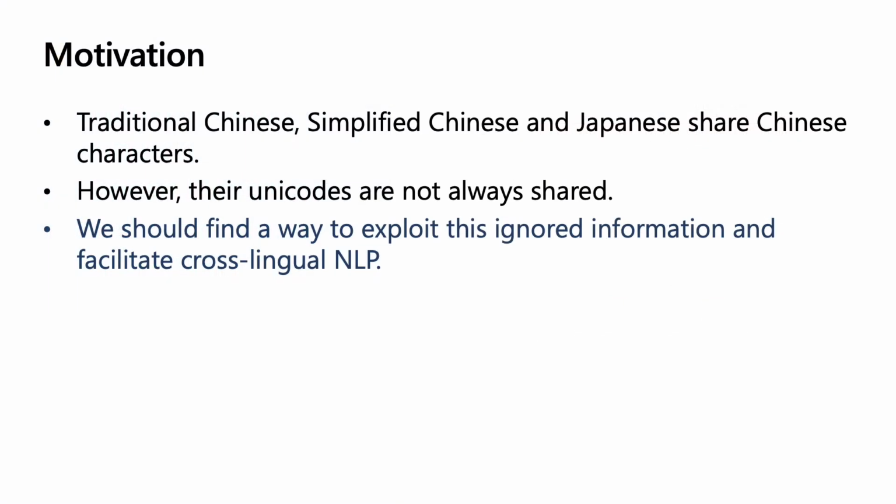So let's start with the motivation. Traditional Chinese, simplified Chinese, and Japanese all share Chinese characters. However, their Unicodes are not always shared. So our motivation is we should find a way to exploit this ignored information and facilitate cross-lingual NLP.